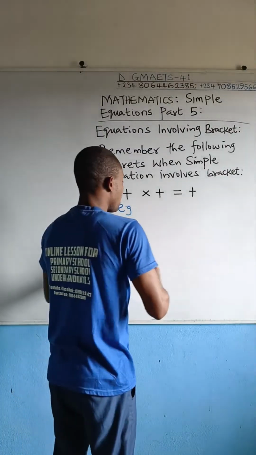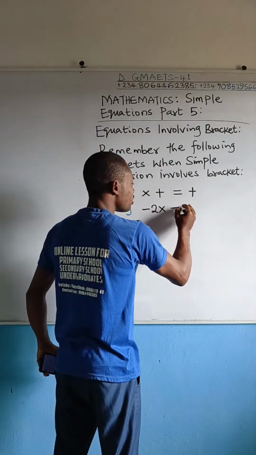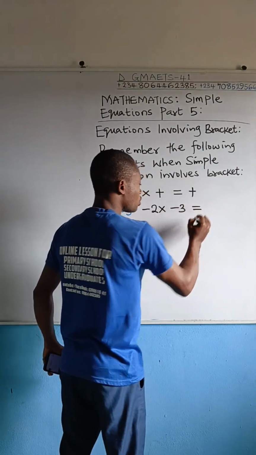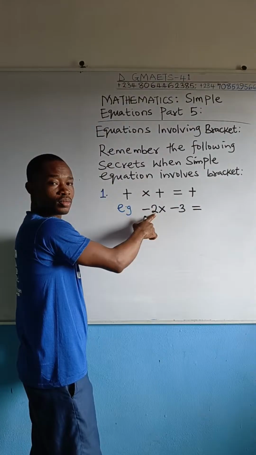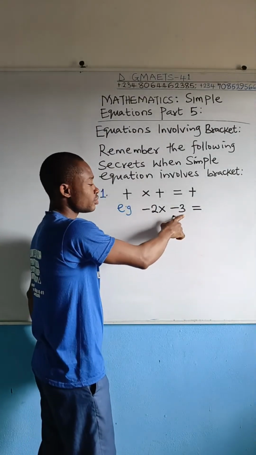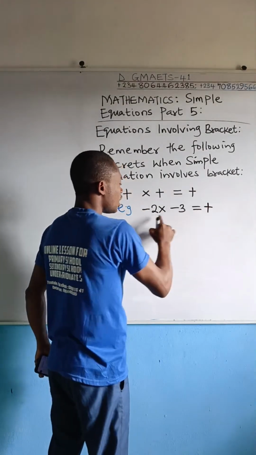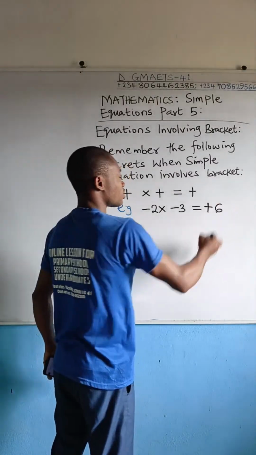For example, if I give you minus 2 times minus 3, this will be equal to, you notice I have minus 2, then after that, you have times minus 3. This minus times minus will change to plus, and then 2 times 3 will give you 6.